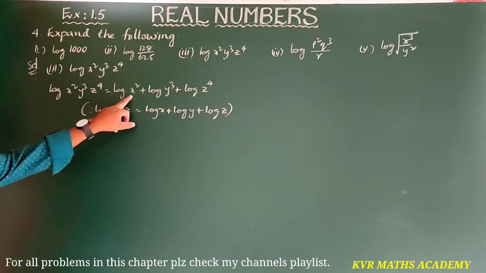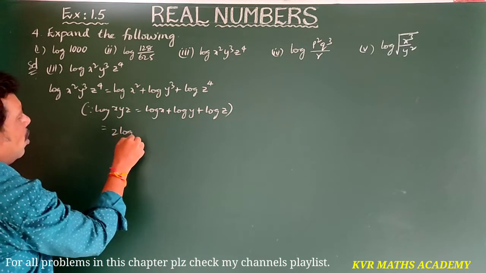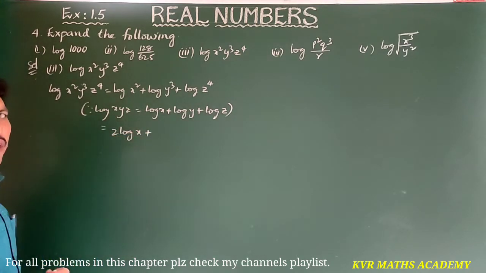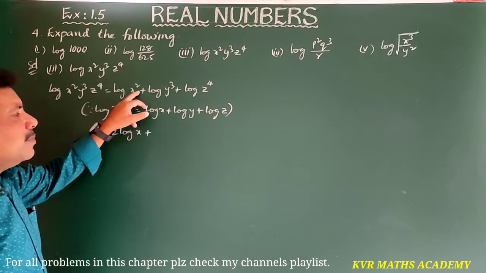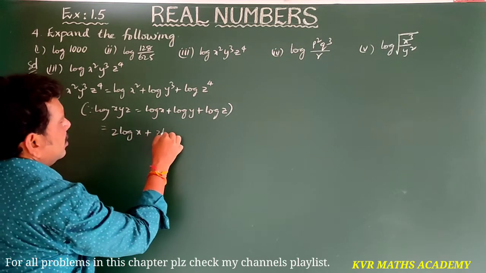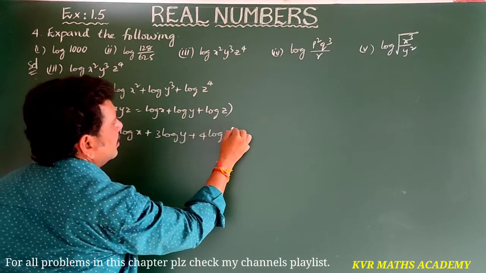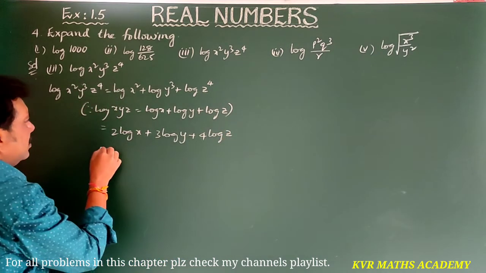Here, log x square is 2 log x, because log x power m is equal to m log x. In the same way, this one is 3 log y plus 4 log z.